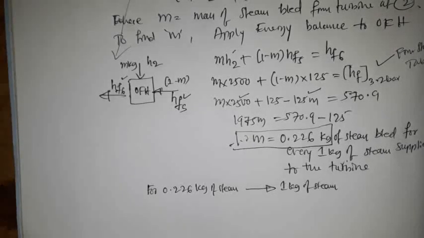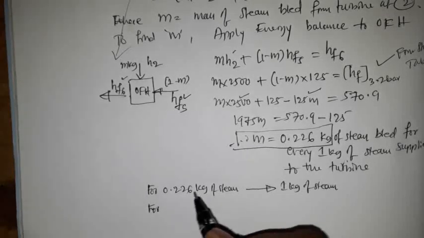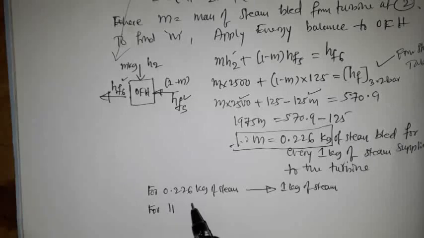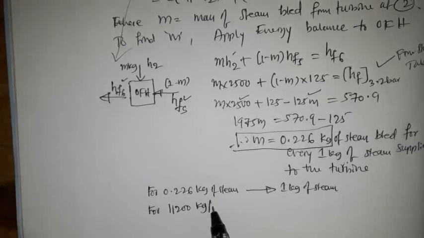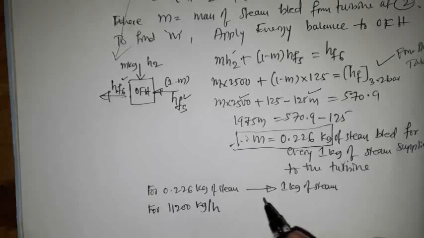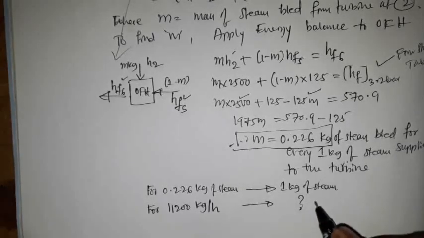But for every hour, for bleeding 11,200 kg of steam in 1 hour, how much steam do we have to supply at the turbine inlet?